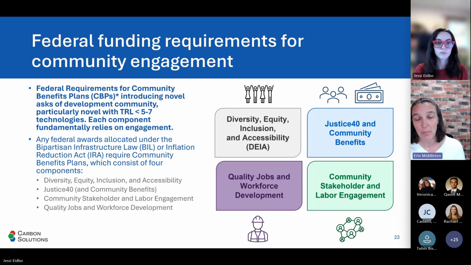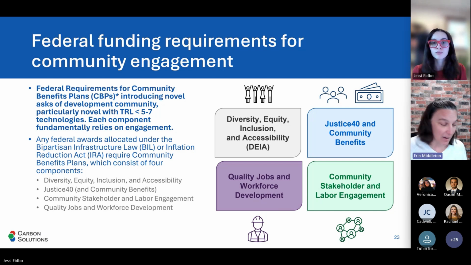I'm not going to belabor what each one of these sections are, but I would say that one of the tricky parts from the proposal writing perspective is that almost each one of these is a different form of community engagement. Some of these are very outreach based. For example, advertising information about your jobs for quality jobs may look like outreach as opposed to engagement.